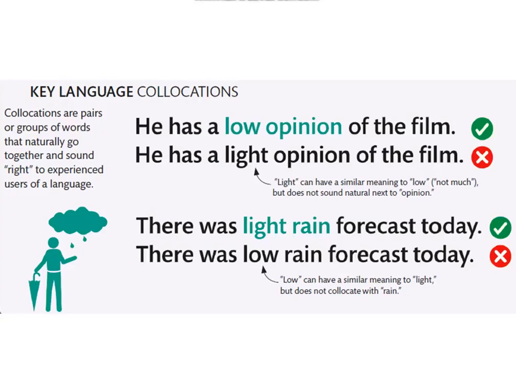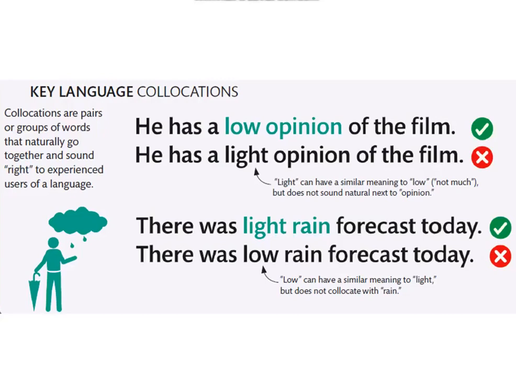We don't say he has a light opinion of the film. Light can have a similar meaning to low, not much, but does not sound natural next to opinion. We don't usually use it next to opinion. That's why it doesn't sound natural.